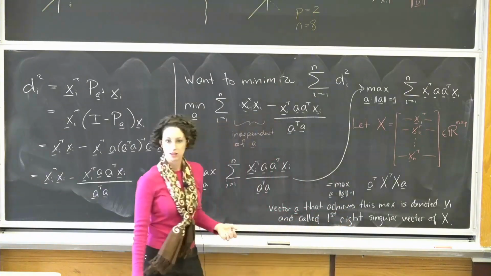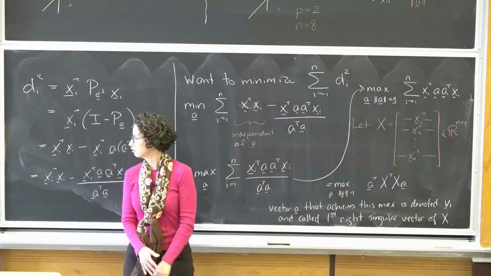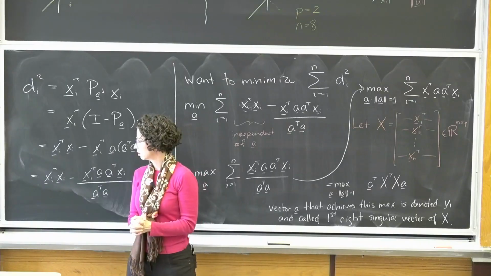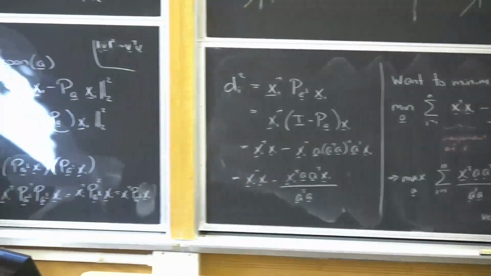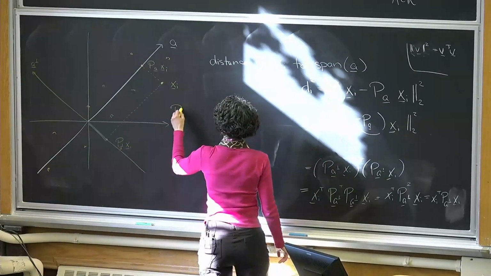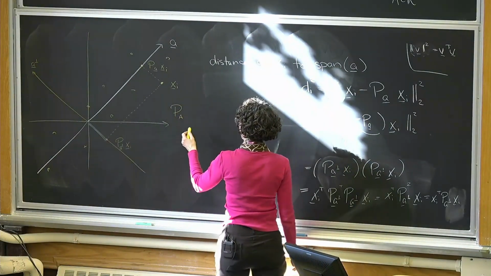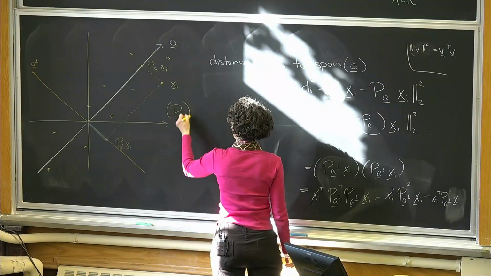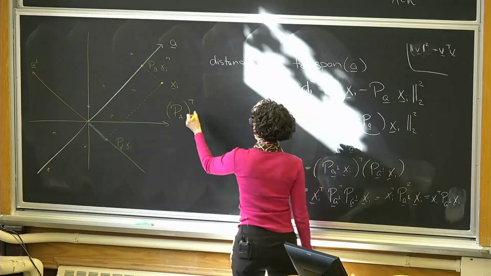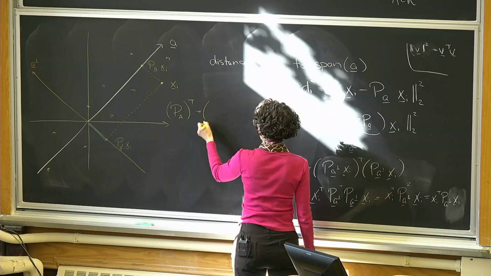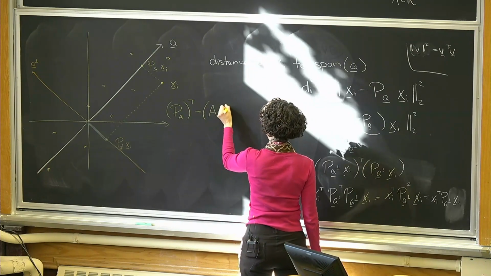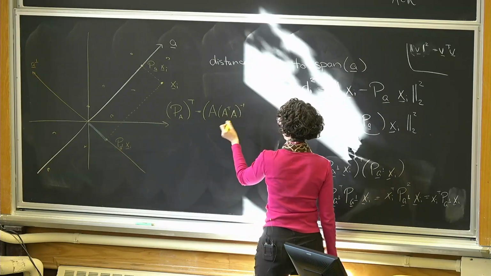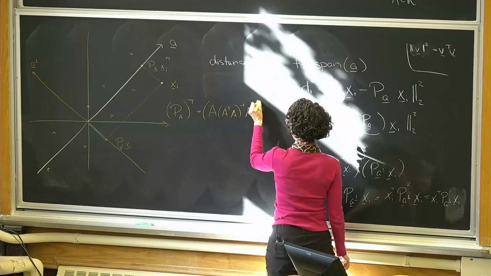Yes? May I ask why, like, square? Oh, projection matrices are symmetric. So if I were to look at PA transpose, then this is equal to, well, first let me write PA, which is A times A transpose A inverse times A transpose.